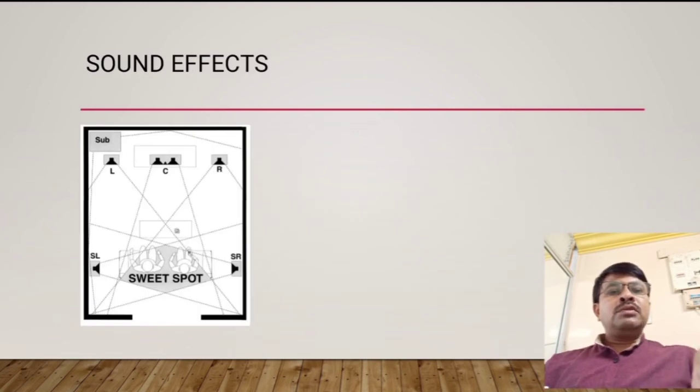So this will produce the sound effect with the 5 speakers. This will be the sitting arrangement for the people, and this covers the left side speaker, this covers the right side speaker, this covers the front right, this covers the front left, this contains the woofer and this contains the tweeter. It covers the whole area and produces the theater sound.